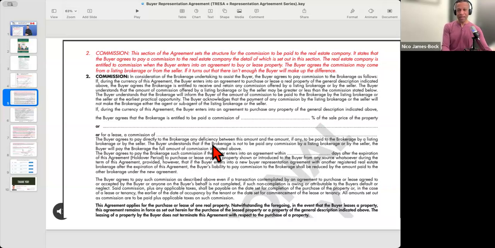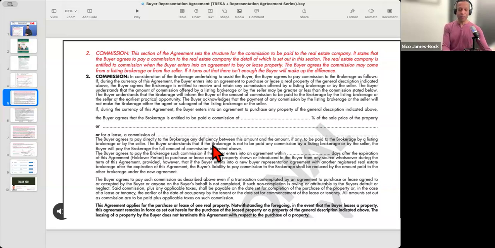In the event that the listing brokerage is not providing the remuneration, then it is incumbent upon the buyer to provide that payment. And that is explained during the process. So the buyer will then be responsible for paying for those services.